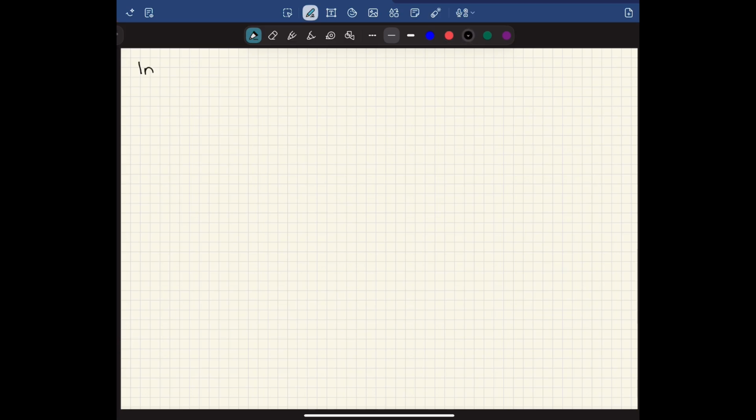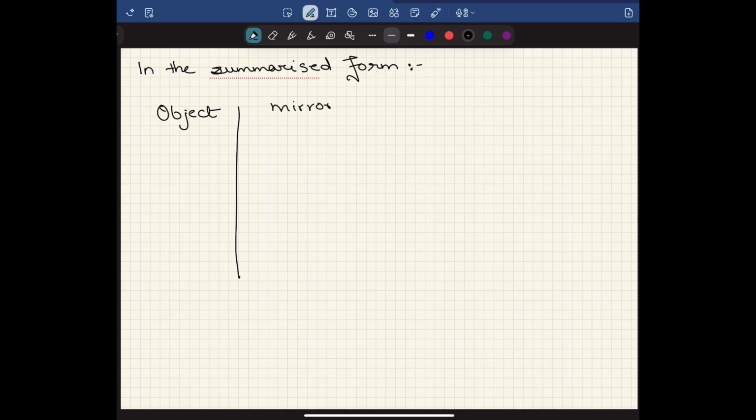So in summarized form, we can say: the object, the mirror line, and the image.